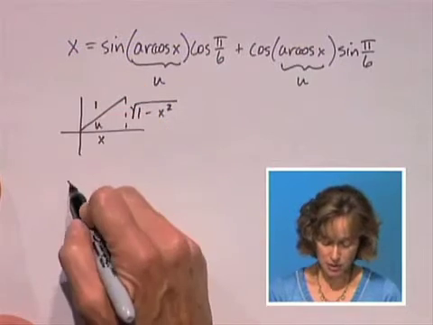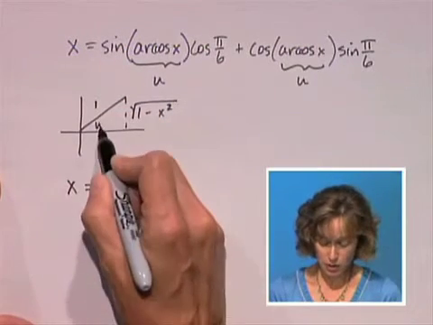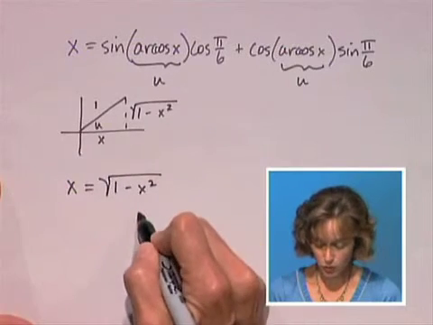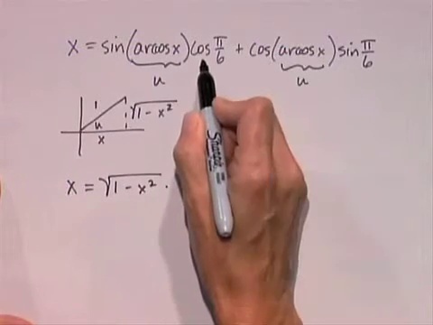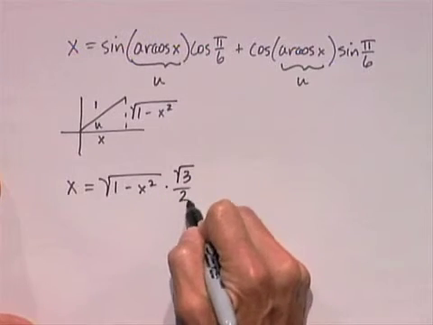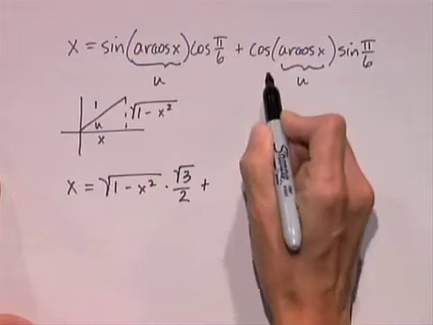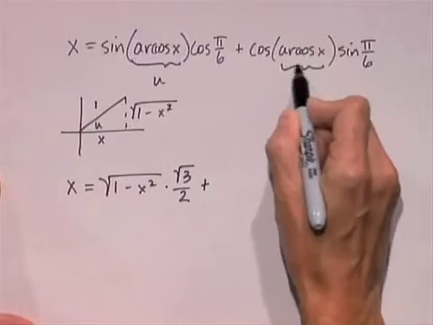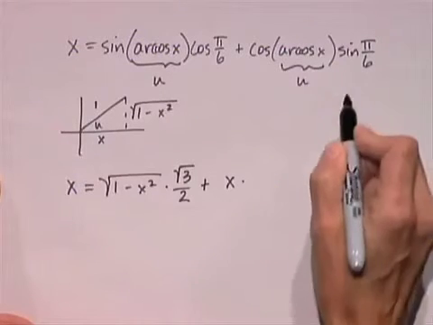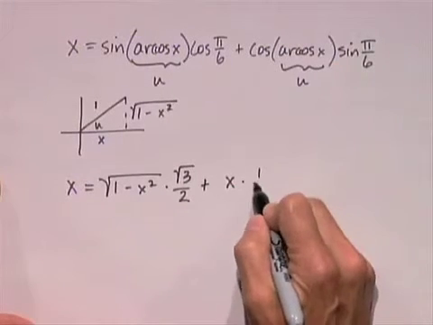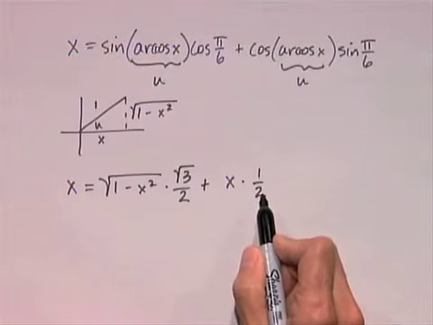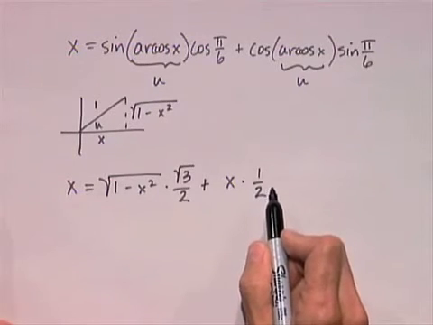So I'll have x equals the sine of angle u, square root of 1 minus x squared over 1, times the cosine of pi over 6. So I'm going to put in the square root of 3 over 2 for that, plus I need the cosine of my angle, which is x over 1, times the sine of pi over 6, which is 1/2. What I have at this point is an equation that's entirely in terms of x.